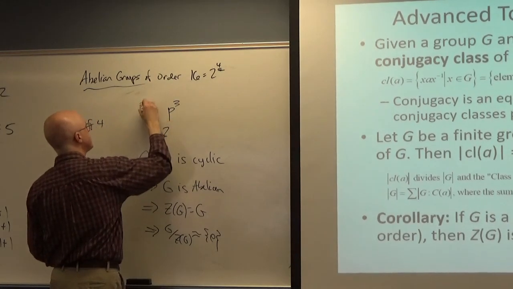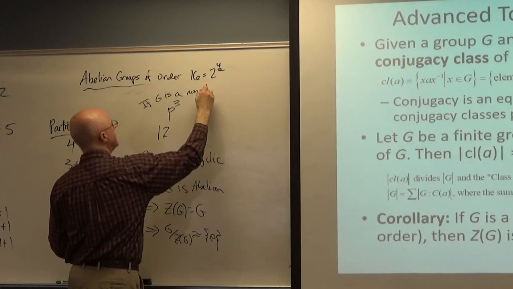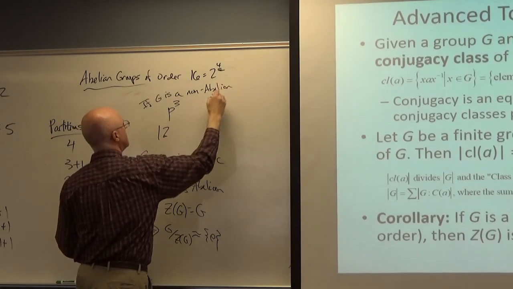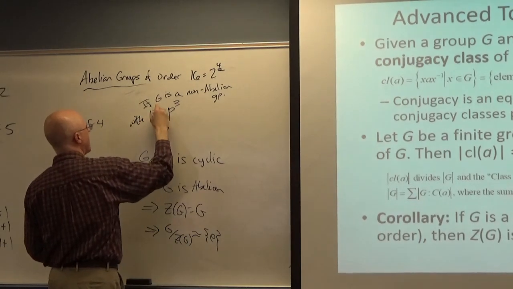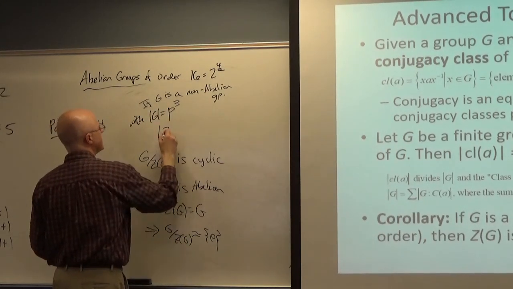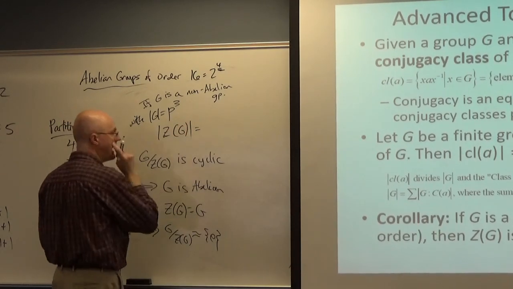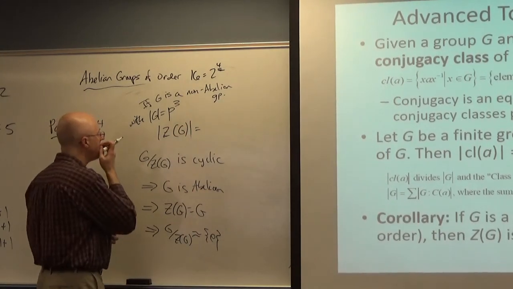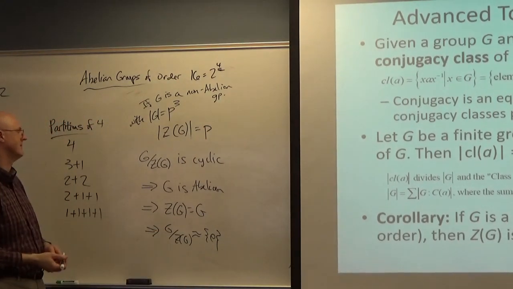If G is a non-abelian group with order p cubed, where p is a prime, the center can't be all of G, because then G would be abelian, and it can't be trivial because of this corollary, and it can't equal p squared because of the G/Z theorem.